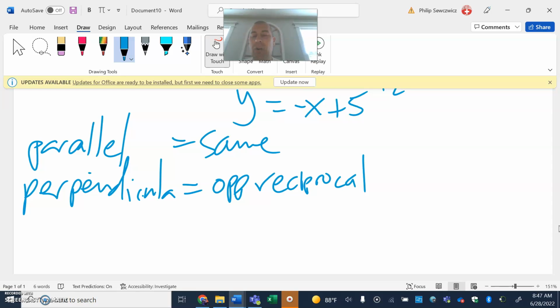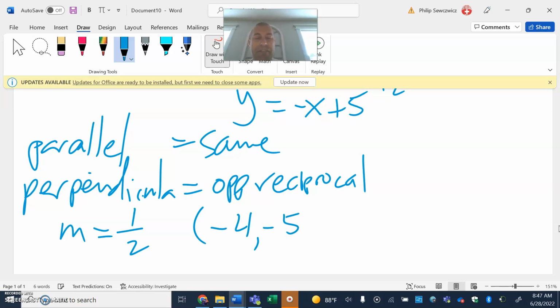If they tell you that the slope is 1/2, and they give you the point negative 4, negative 5, and they say write the equation of a line that's parallel, you would use the slope. If they say write the equation of a line that's perpendicular, then we would have to take the opposite reciprocal. So what's the opposite reciprocal of 1/2?